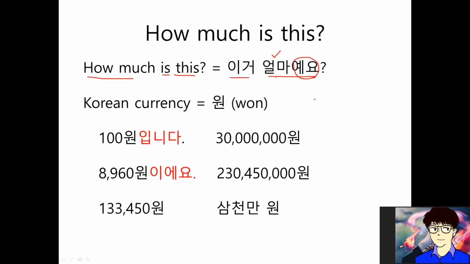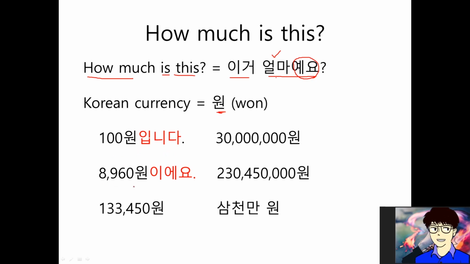In this case, you just use cardinal numbers and put 원 at the end. So when the product is 100 won, in that case, you just answer 100원 and put 입니다 or 이에요. So 100원입니다. Good.